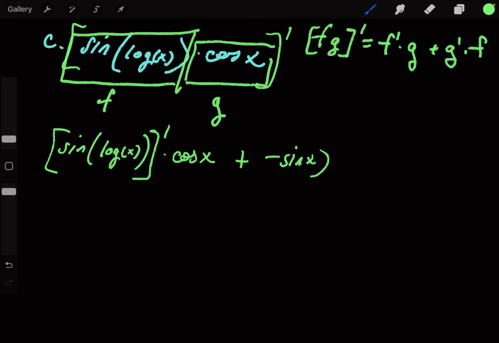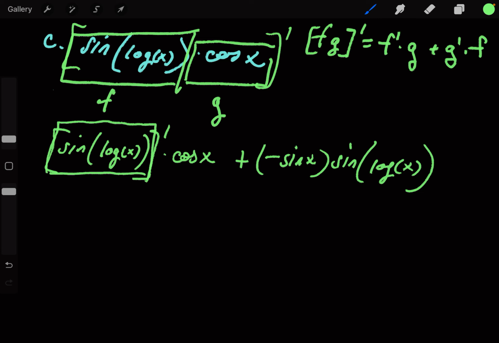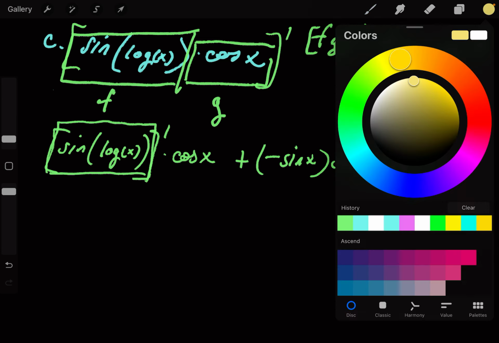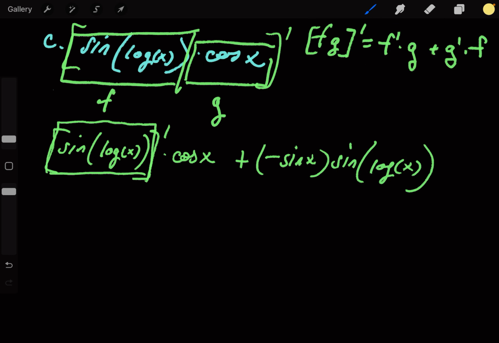That's negative sine x times f, which is sine of log of x. Now, the thing that's still not done is this one here. You need to find the derivative of that. You can't leave it as saying that you're going to find the derivative. And I personally would take it on the side and ask, okay, what's happening here? And then I would just substitute it in on the next line over there.